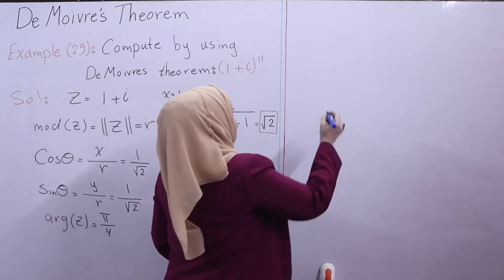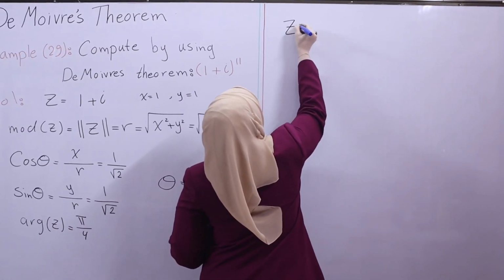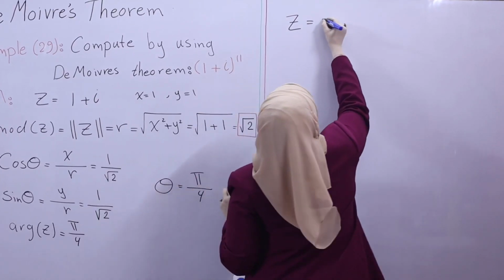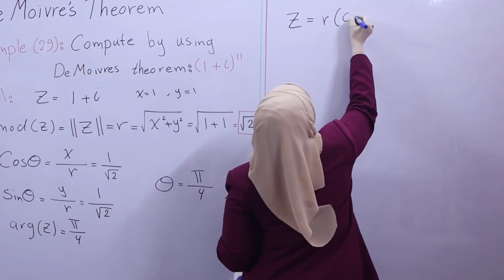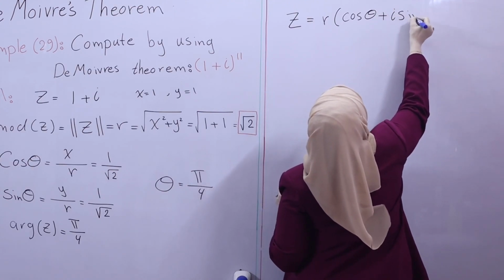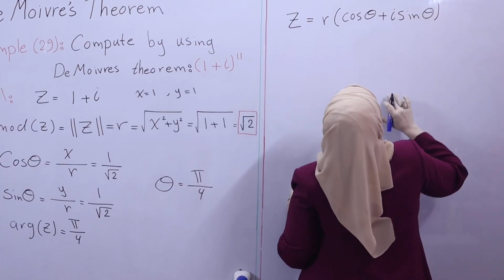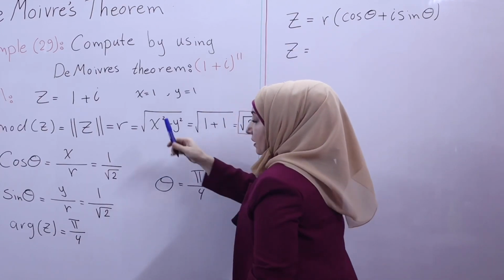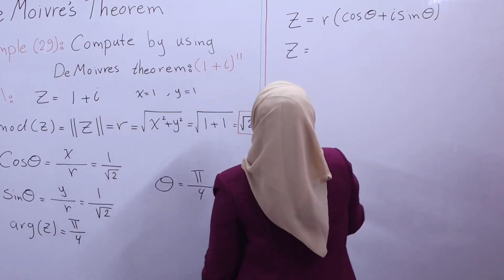So we will write, that means z equal r, the polar form is r cosine theta plus I sine theta. And we will write it for our complex number.